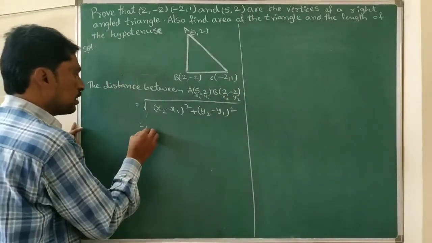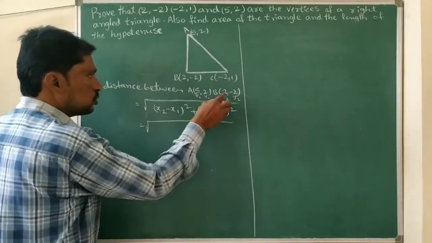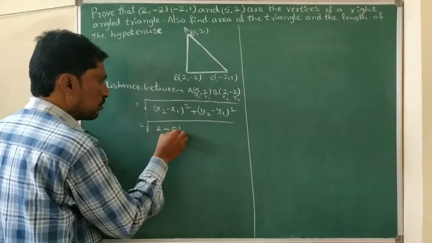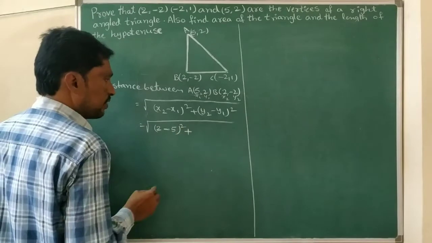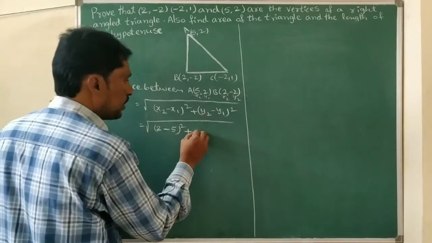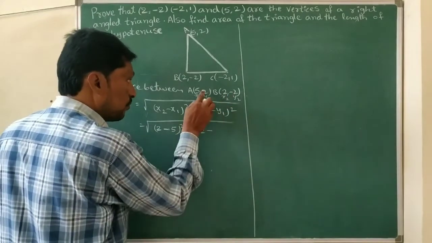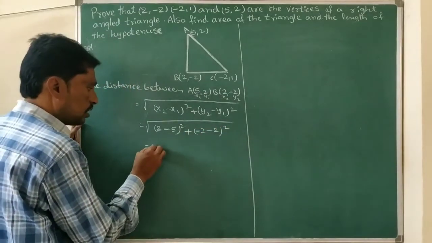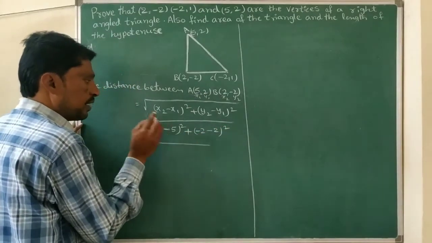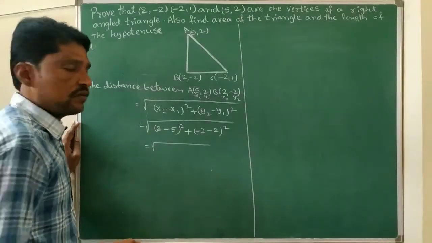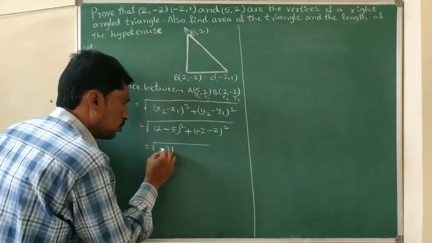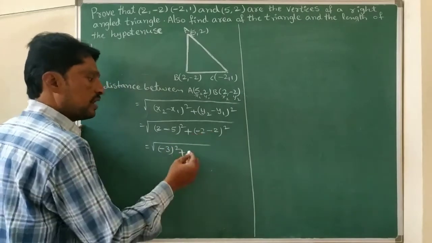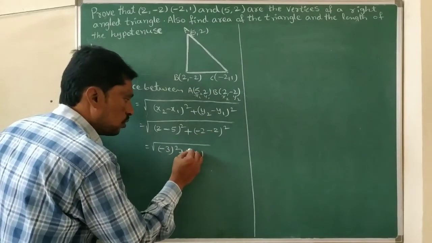Now you can substitute: x2 means 2 minus x1 value 5 whole square plus y2 value -2 minus y1 value 2 whole square, that equals under root (2 - 5) we get (-3) whole square plus (-2 - 2), both are minus, we can add, (-4) whole square.